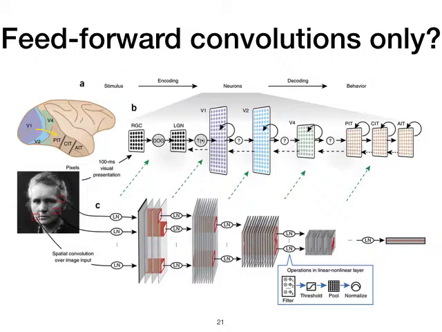Each of these units is not just affected by the image, it's also affected by responses happening at later areas as well. We also see that each layer has inputs from units within the same layer, these curved circular arrows that you see here. These are called lateral connections, basically connections within the same layer that modify the responses of one neuron based on the other neurons in the same layer.